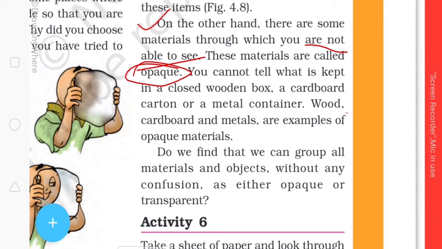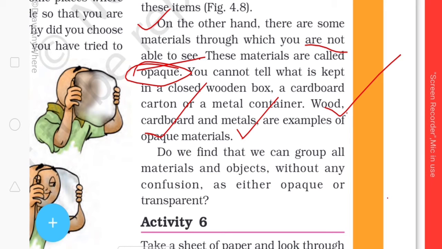Without looking inside, we cannot say what is there. Examples of opaque objects are wood, cardboard, and metals.